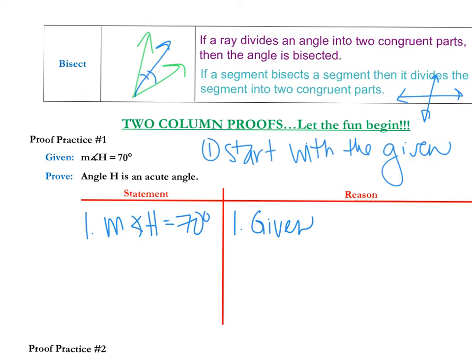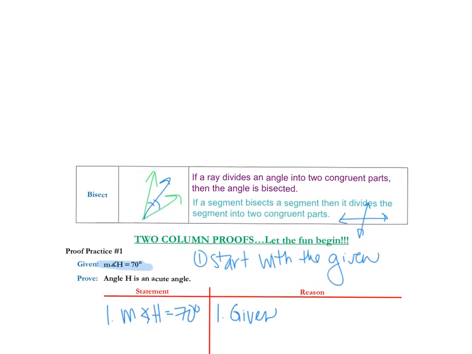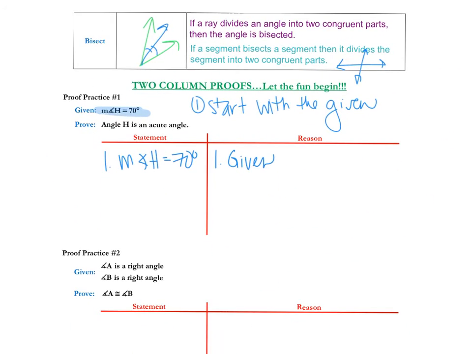So you take this right here and you write given. If there are multiple givens, which we'll do an example of, then you write it multiple times. Then it says angle H is an acute angle, so that's what I have to prove. If you go back up to here, all the angles between 0 and 90 were given to us, and we can prove that it's acute by that definition.